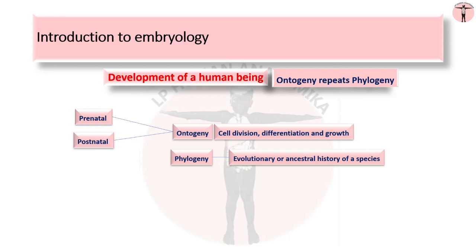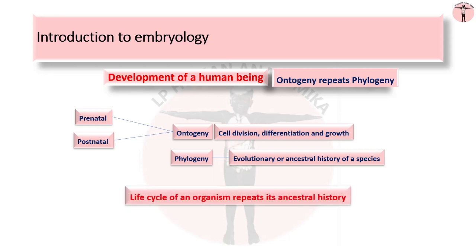So, when we say ontogeny repeats phylogeny, it is the life cycle of an organism which repeats its ancestral history. This is observed in the development of certain organs, which is retained in human development, namely heart, lung, and kidney.